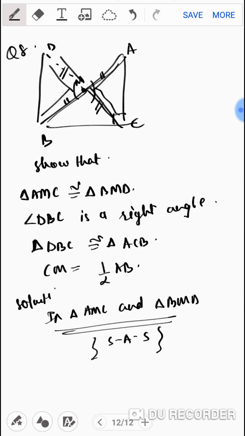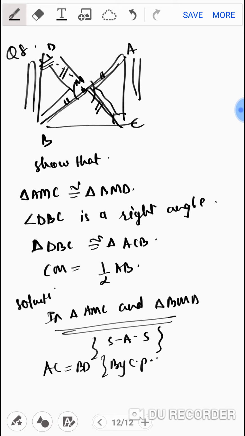Let me tell you what you can take by CPCT. You can take AC is equal to BD. So you can write AC is equal to BD by CPCT.